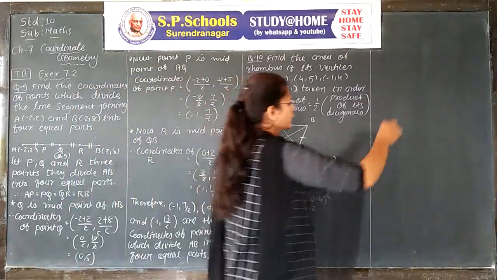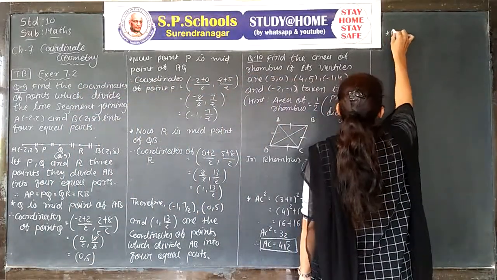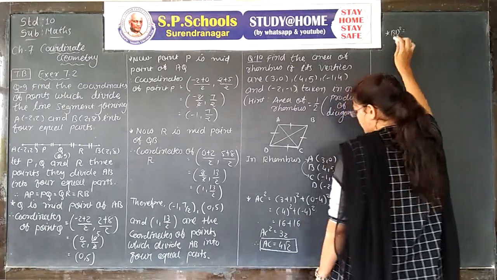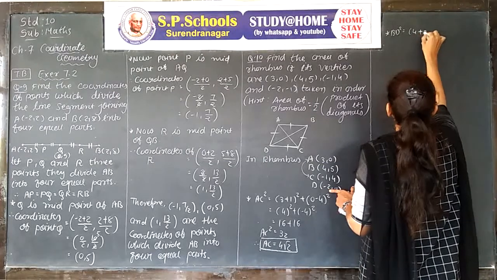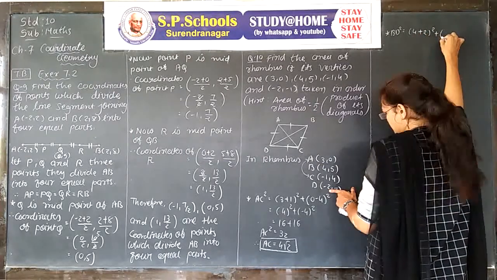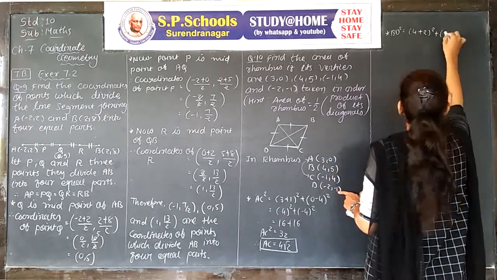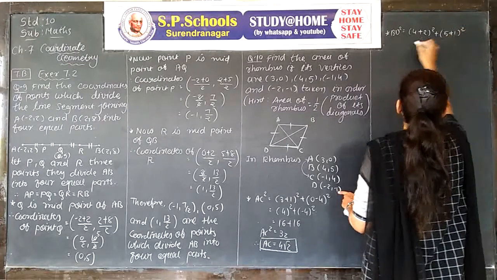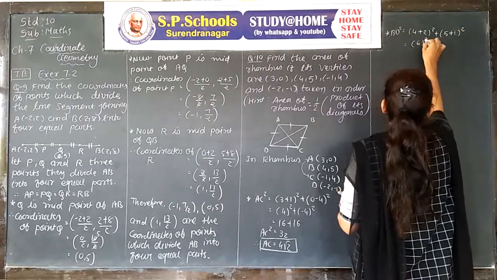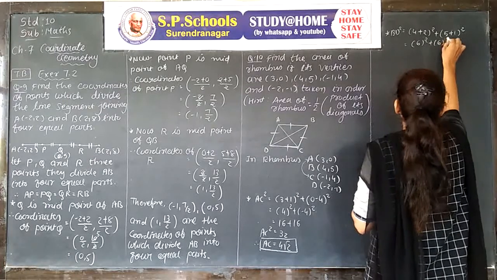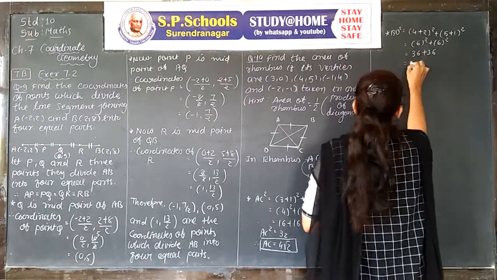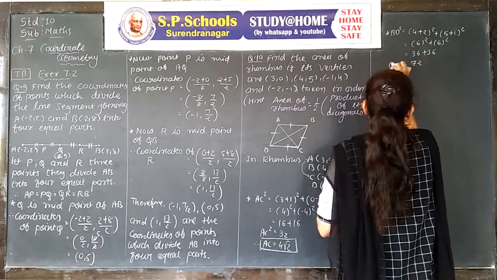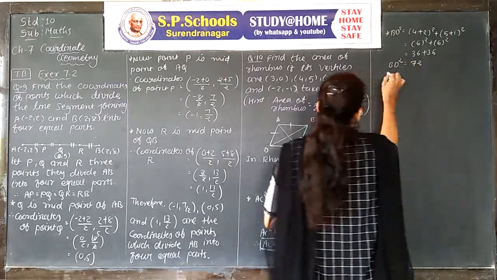Now the second diagonal BD. BD square is equal to, using B and D, (4 minus minus 2), 4 plus 2 whole square, plus (5 minus minus 1), 5 plus 1 whole square. 4 plus 2 is 6 square, plus 6 square. 6 square is 36, plus 36. 36 plus 36 is 72, which is BD square.